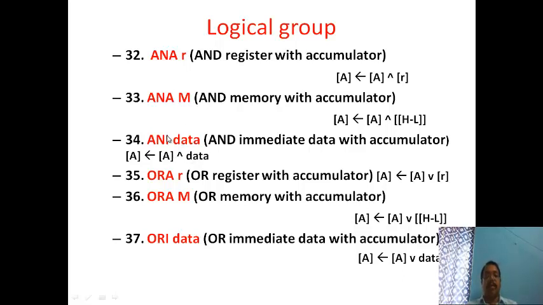So immediate data can be ANDed, or data from HL taken as an address: go to that address, take the data, and that is ANDed. Similarly, OR operation is also possible. The only difference between AND and OR is that in AND, if both the bits are 1, the result will be 1, otherwise it will be 0, whereas in OR, if any one bit is 1, the result will be 1.